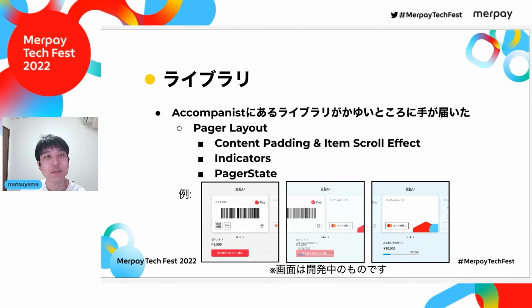We realized that requirement with content padding and item scroll effect. Indicators are realized by indicators. There was a requirement that the area under the card crossfade according to the progress of card switching, but I was able to achieve that by using the page switching progress information in the page state.